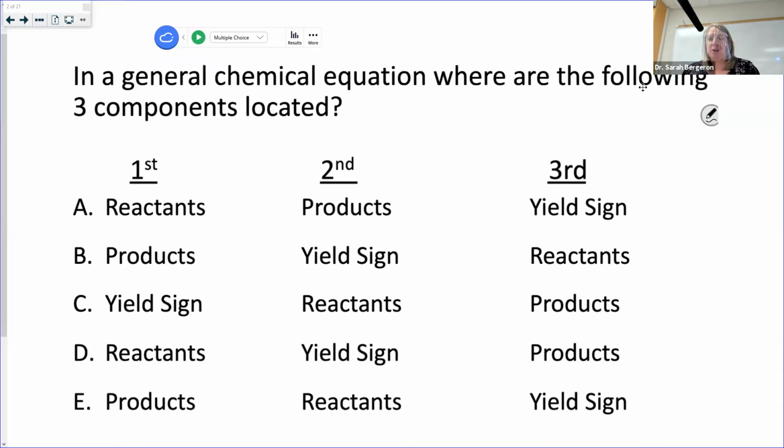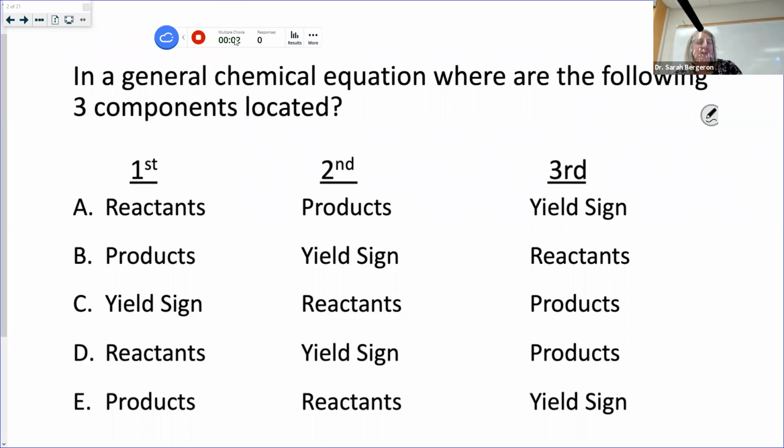Let me see if I can move the chat box. Okay. In a general chemical equation, where are the following 3 components located? The first column will be the first thing, the second column will be the second thing, the third column is the third thing. So pick the answer choice that puts them in the correct order.